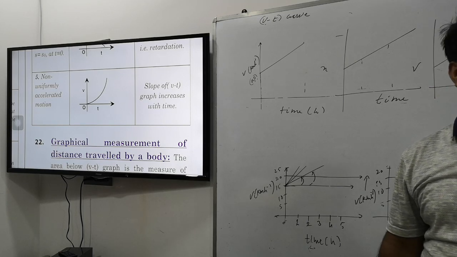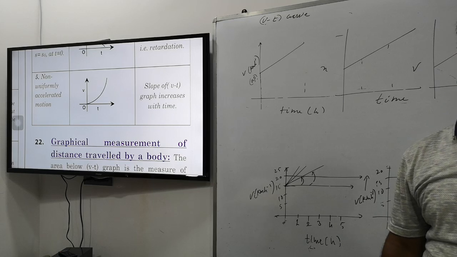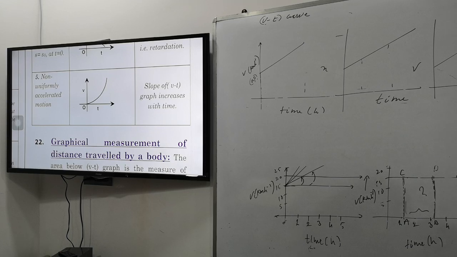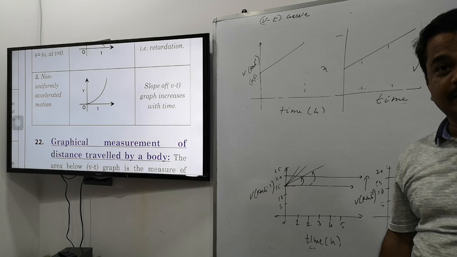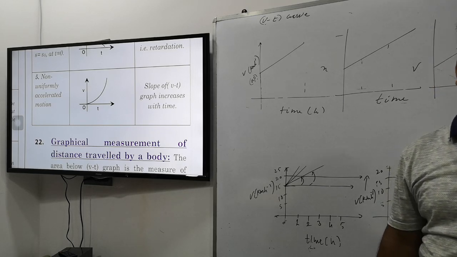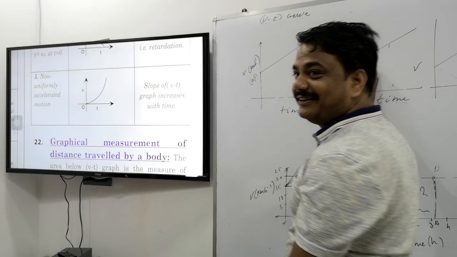Uniform accelerated motion means equal change in velocity in equal time intervals. That is, constant velocity throughout the motion is uniform motion, and constant acceleration throughout the motion is uniform accelerated motion. So your topic now is uniform accelerated motion.